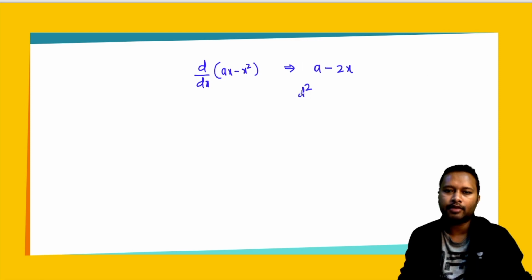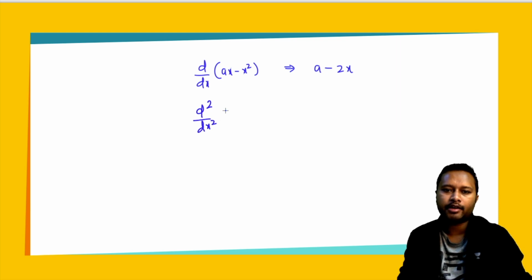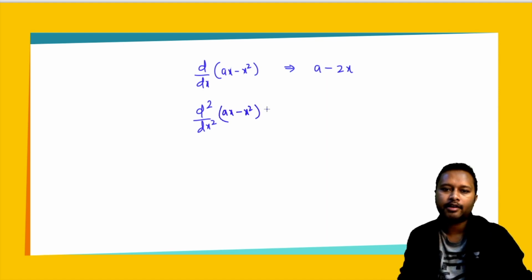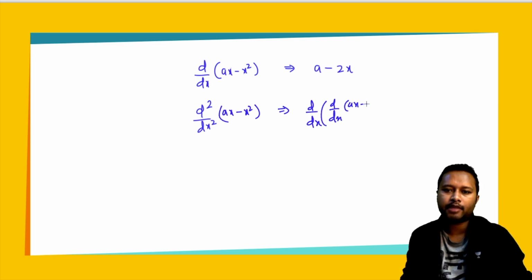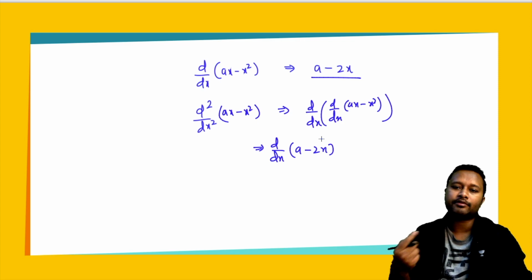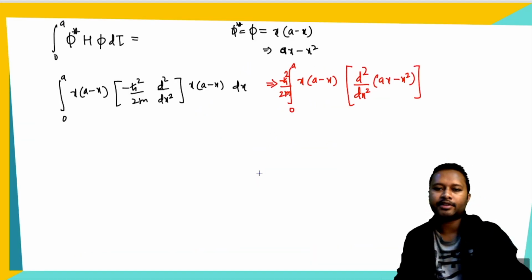And if I differentiate again, that means d2 by dx square of ax minus x square, this is going to be equal to d by dx of a minus 2x. A is a constant, and the differentiation of a constant is 0. x is a variable, so the differentiation of x will be 1. I'll just get minus 2, so minus 2 will be the value. So d2 by dx square of ax minus x square gives me minus 2. I can simply substitute it over here.